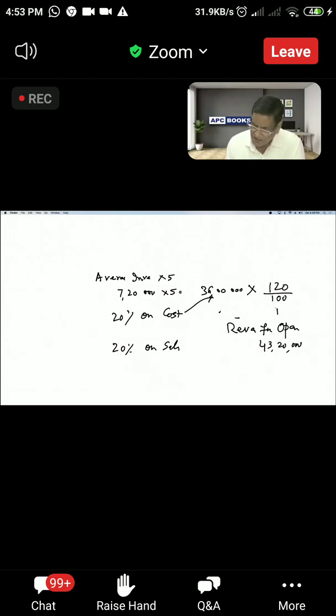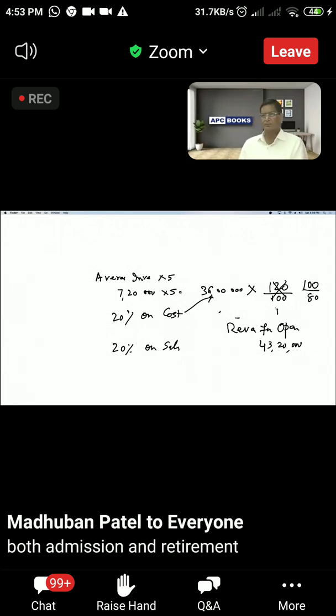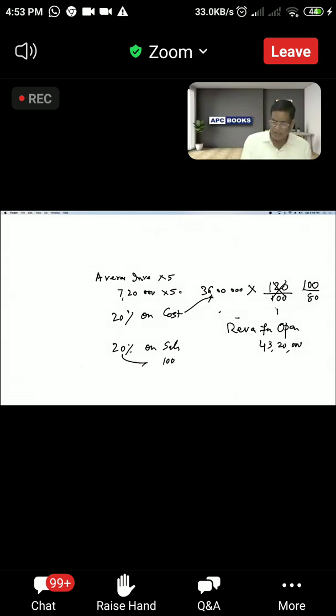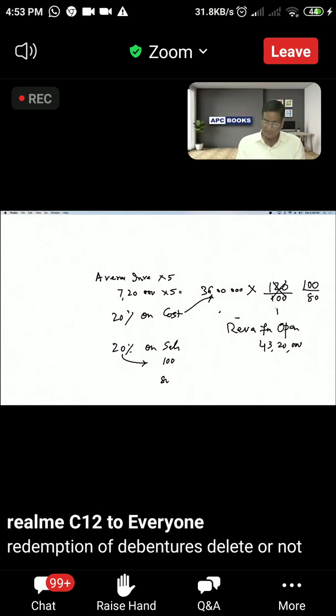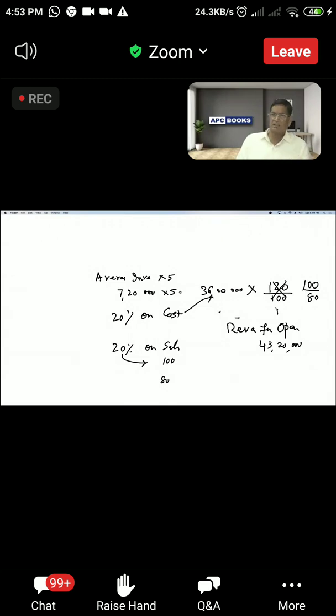Then instead of this 120 upon 100, you will get 100 upon 80. Why? 20% on sales means if sale is 100, profit is 20. Then that means cost is 80. So when you introduce 20% on sale, it becomes 100 upon 80.